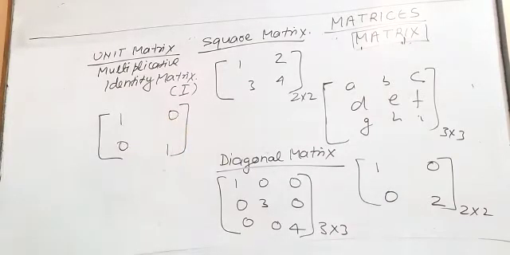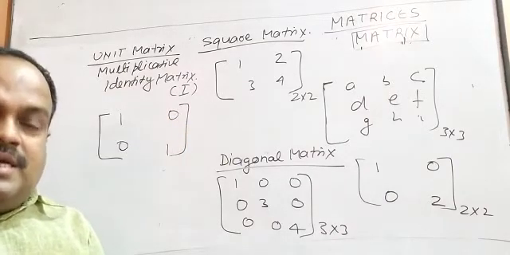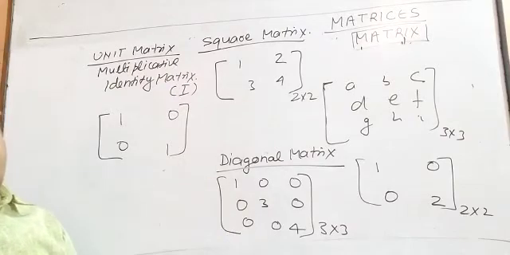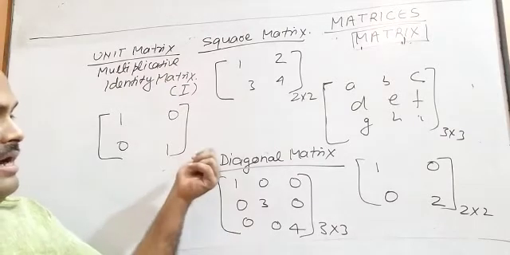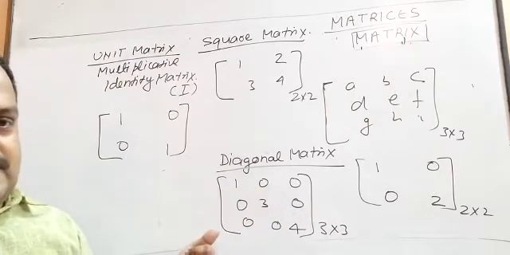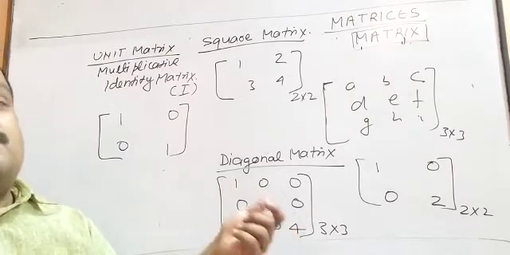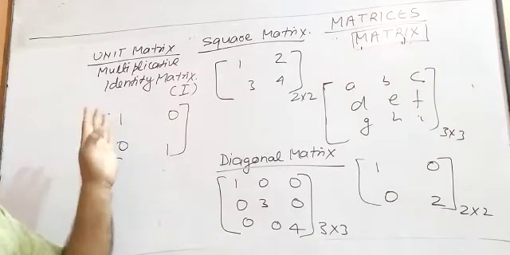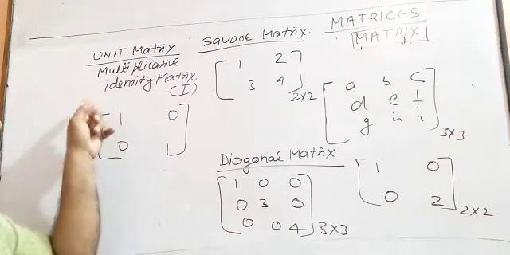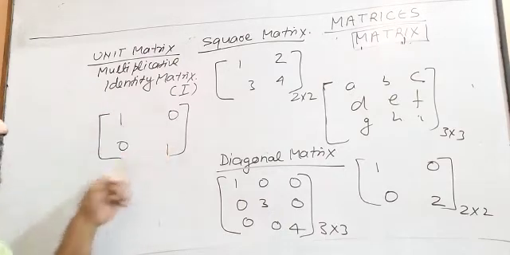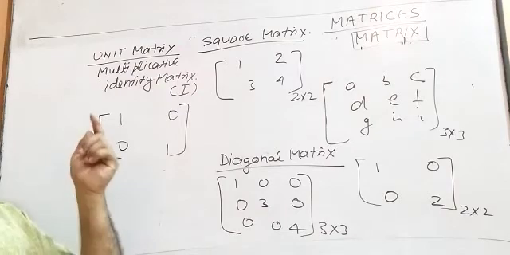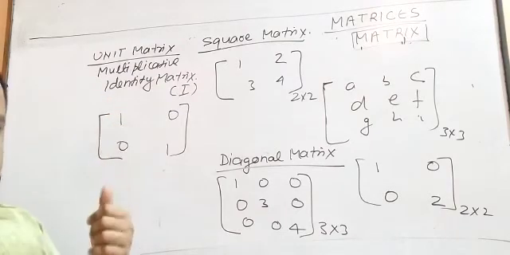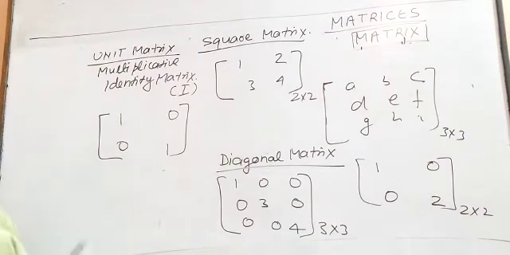So we can say that every unit matrix is basically a diagonal matrix. So what is the difference? In case of a diagonal matrix, on the diagonal we have non-zero elements, anything but non-zero, and here not anything, only 1 we should have. So every square matrix in which on the leading diagonal we have elements as 1, 1, 1, then that is called a unit matrix.